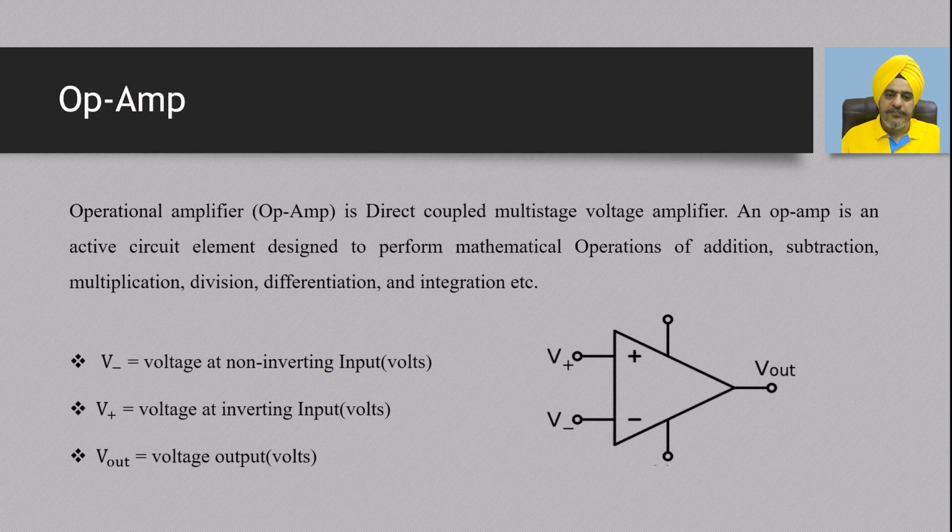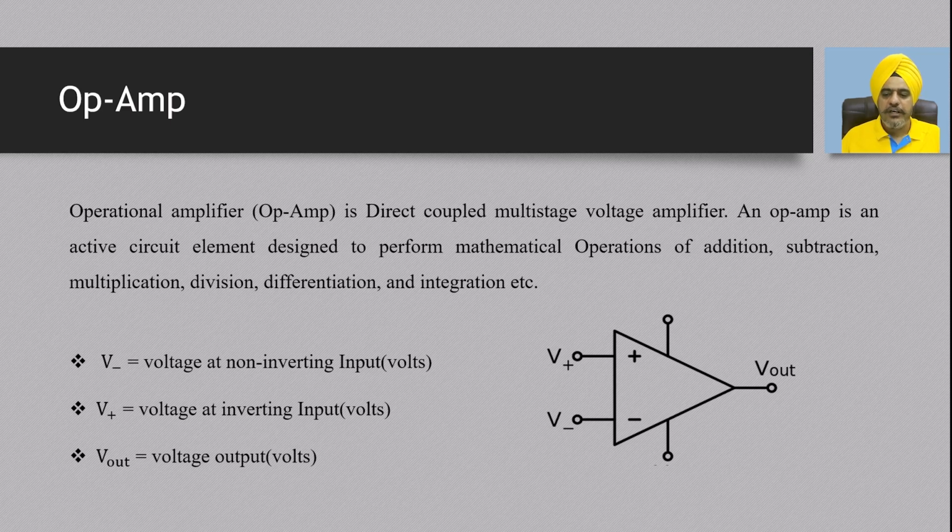Operational amplifier, also called op-amp. This is a direct coupled multi-stage voltage amplifier, and it can be designed to perform various mathematical operations like addition, subtraction, multiplication, integration, differentiation, division, and many more applications can be designed using this operational amplifier.